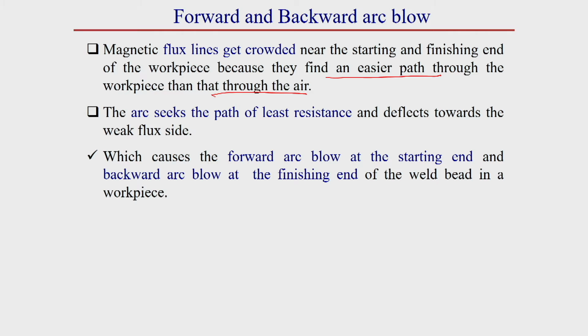Because what happens, due to this type of magnetic flux distribution, generally the concentration of magnetic flux is more at the starting end as well as at the finishing end of a weld line. So, due to this more concentration, the resistance will be more near the starting end as well as near the finishing end.